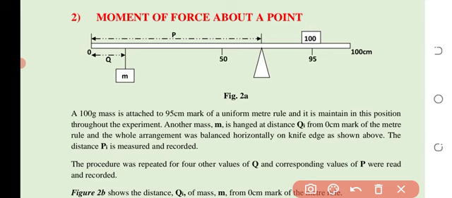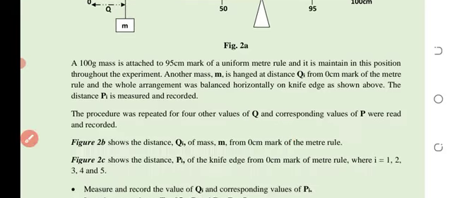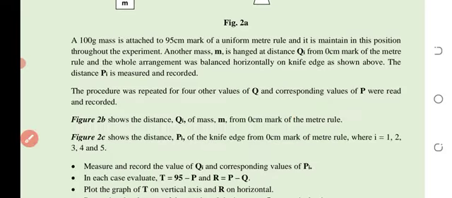Now the procedure was repeated for 4 other values of Q. That is, the value of Q is varied 4 other times, and we balance the entire setup on the knife edge, and we are to take the records of the value of Q and also the P.